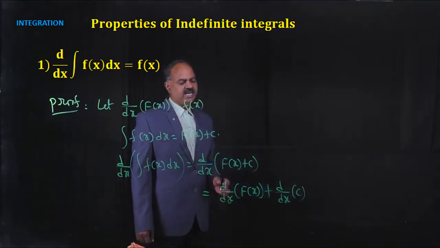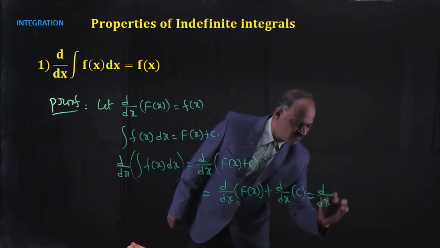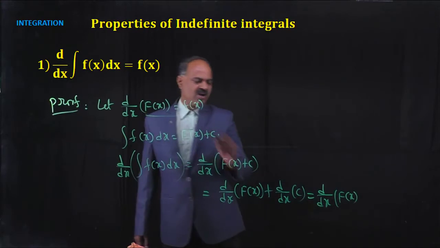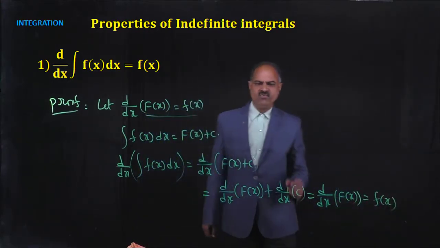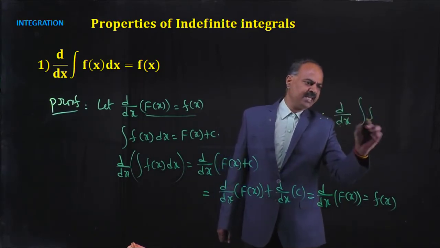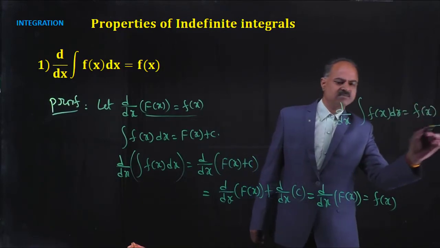We know that the derivative of constant equal to 0, so that is d by dx of F of x. So here d by dx of F of x equal to f of x. Therefore d by dx of integral f of x dx equal to f of x.